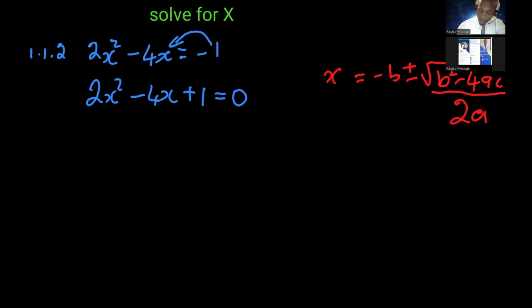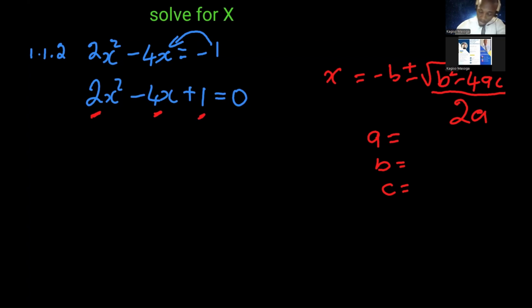Remember, your a, your b, and your c represent the coefficients in this quadratic equation. These are your constants.